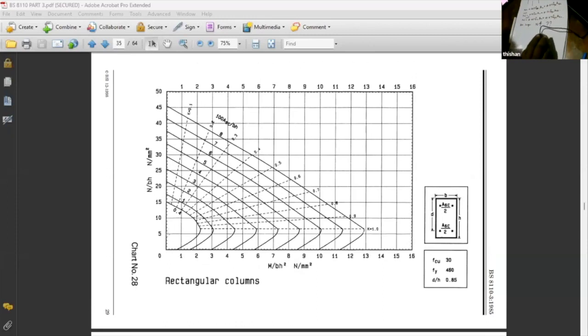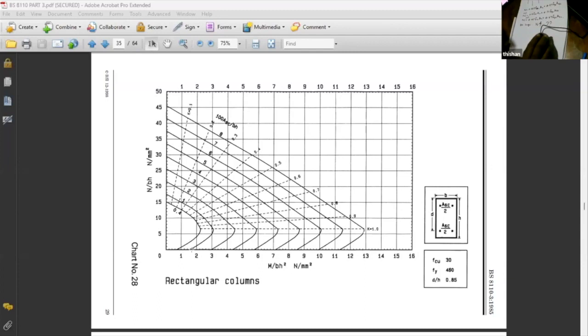So you can see M over BH squared should generally lie somewhere here. So we should be dealing with this region. And the maximum reinforcement ratio in a column is about 4%. So we can't go beyond this line. We have to remain below this line. And you can go up to 4% reinforcement if this value is up to 2.